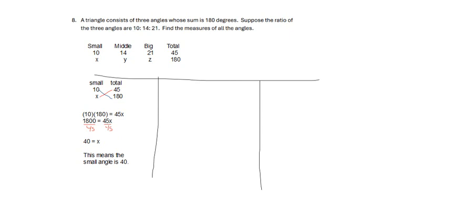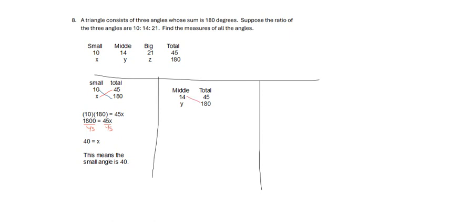All right, set this up. So we got middle, total. All right, the middle had a 14 with a total of 45. Middle, we don't know the angle for middle, so I'm going to put Y. And for total, it's always 180. Cross multiply again.